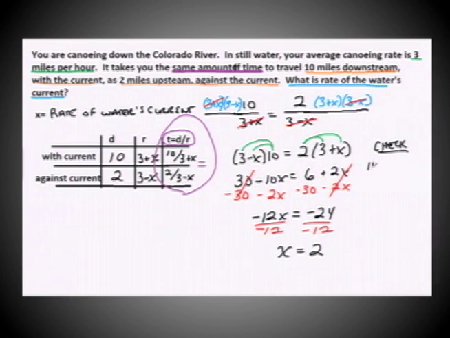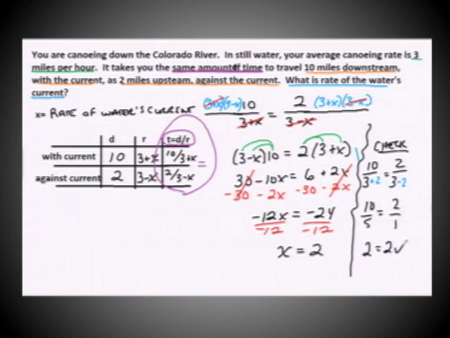So we go back to the original equation, 10 over 3 plus 2, and that should equal 2 over 3 minus 2. Simplify down each side. Let me just give a little barrier here so things don't get confusing for you. That's all the check on the right-hand side. So we have 10 over 5 equals 2 over 1, and 2 equals 2, so it works.